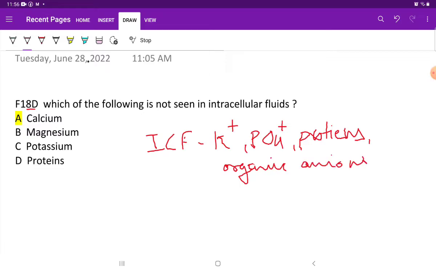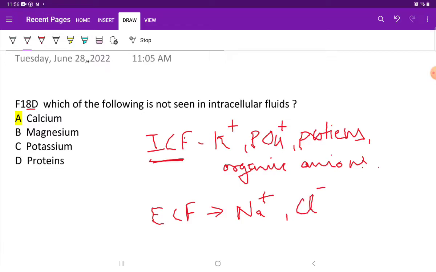Whereas in ECF, the things present in higher concentrations are sodium and chlorine.